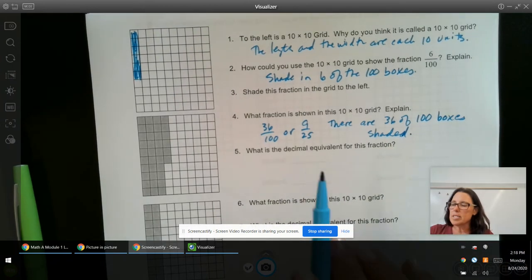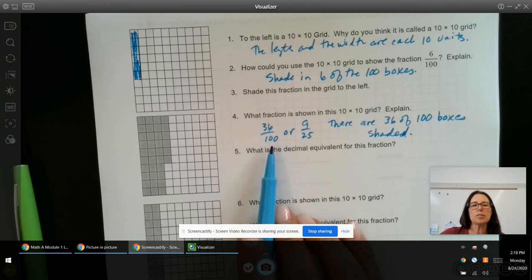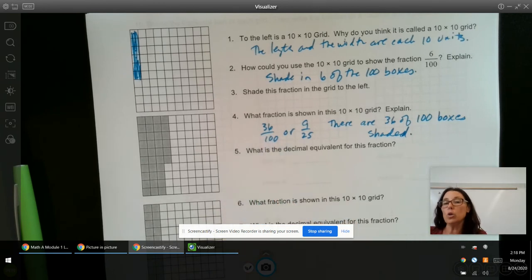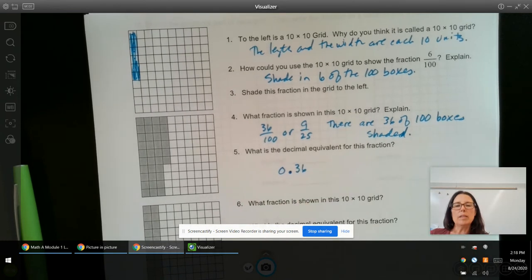What is the decimal equivalent? If you look at 36 hundredths, the way that you write 36 hundredths would be that.